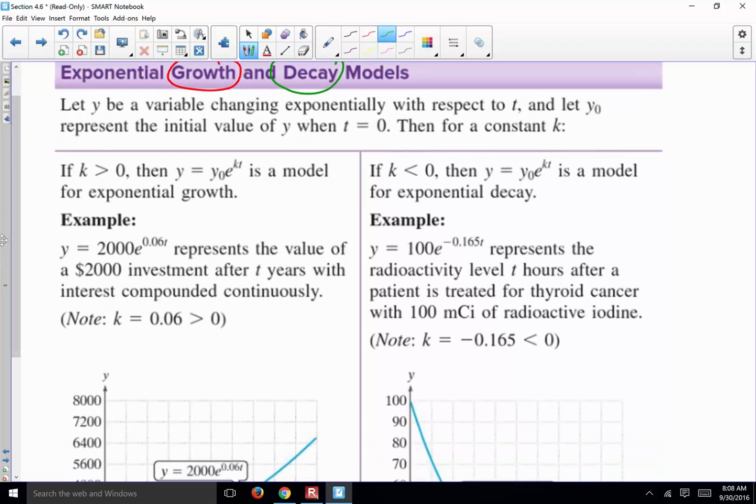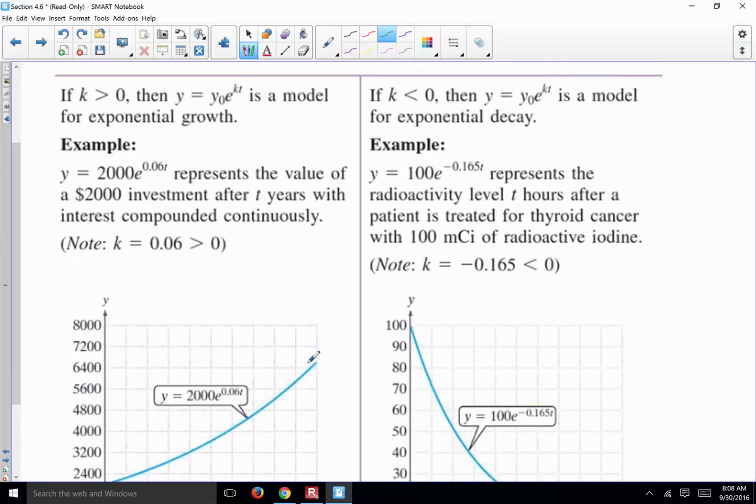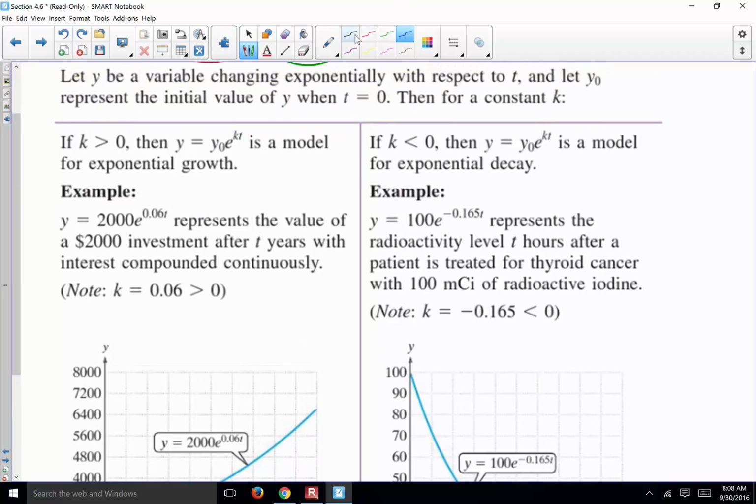In exponential equations, you have either growth or decay. If you are working on a model in your majors that is growing at a rate, like this picture, always growing, like your investments, your bacteria in your sample, or population sometimes, then you must use an equation: y equals initial amount times e to the rate and time. There are three concepts here.